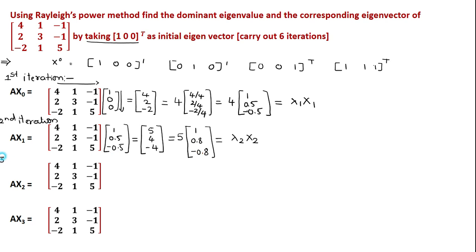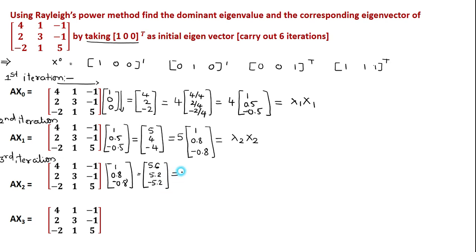For the third iteration, we multiply A with x2, that is 1, 0.8, minus 0.8. So do the matrix multiplication. We get the column matrix as 5.6, 5.2 and minus 5.2.